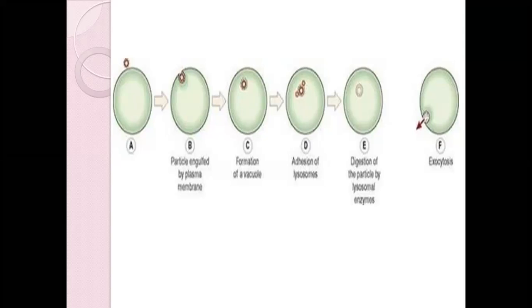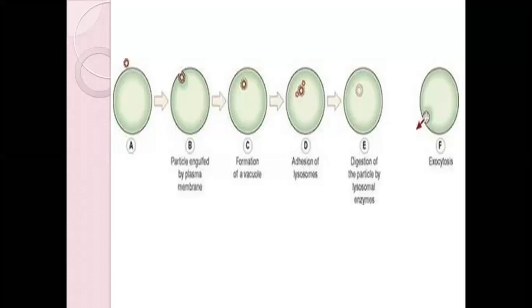Because, as I said in the previous slides, the lysosome has a very important function in the prevention of infection, in eliminating any bacteria or foreign materials entering the cells. Number E says digestion of the particles by the lysosome enzyme, and after it is digested or killed, for example microbes, in the last step it is expelled out.